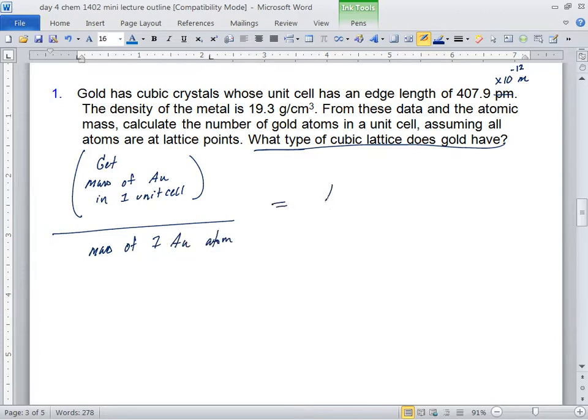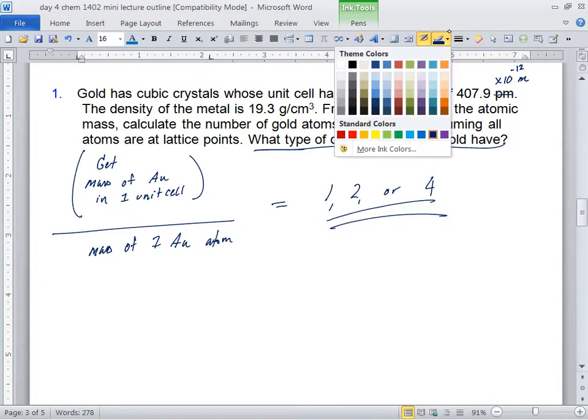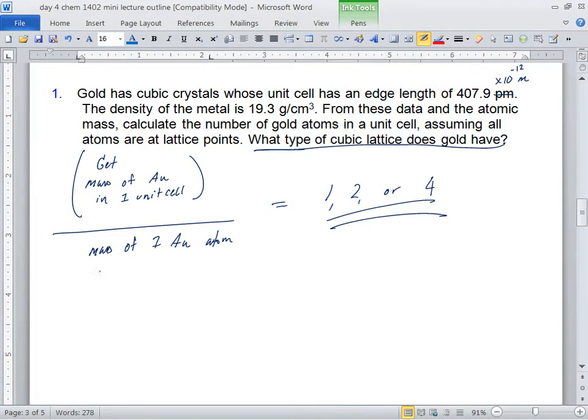And you're going to get 1, 2, or 4. If you don't, you messed up. So you got to get the mass of gold in a unit cell, and then divide it by the mass of a gold atom. So the top part's going to be a lot harder than the bottom part. The bottom part is easy if you remember the trick to get the mass of any single atom.